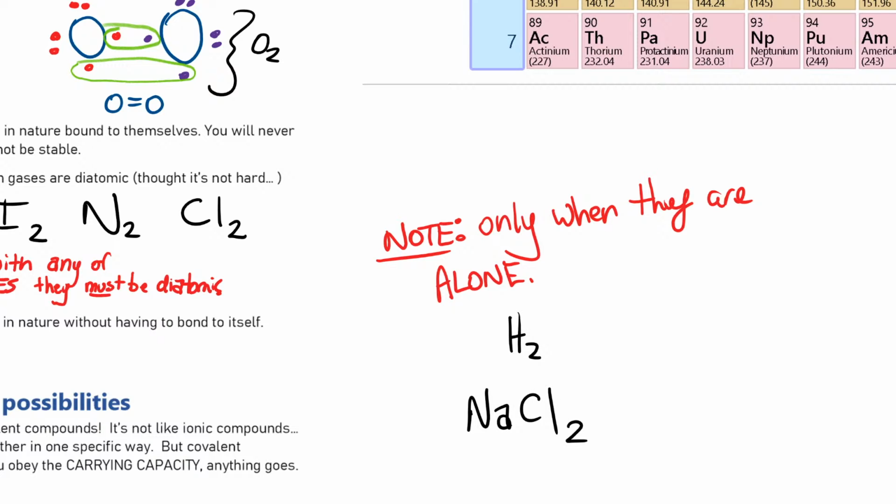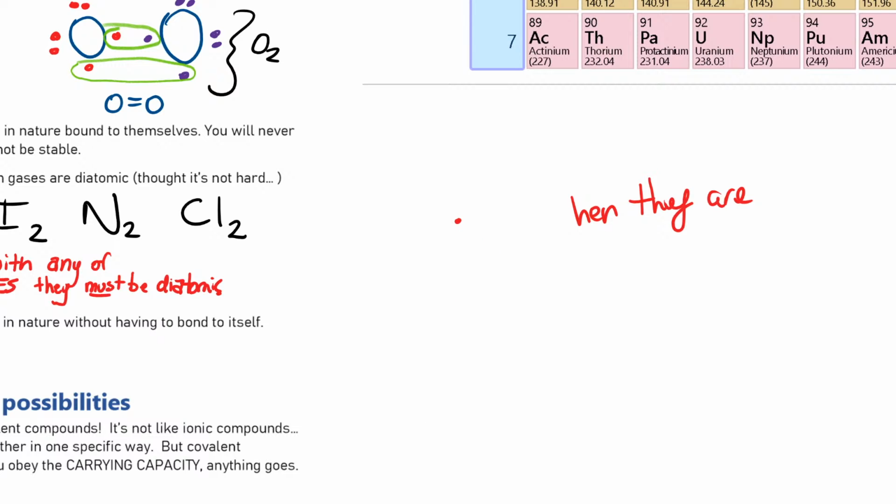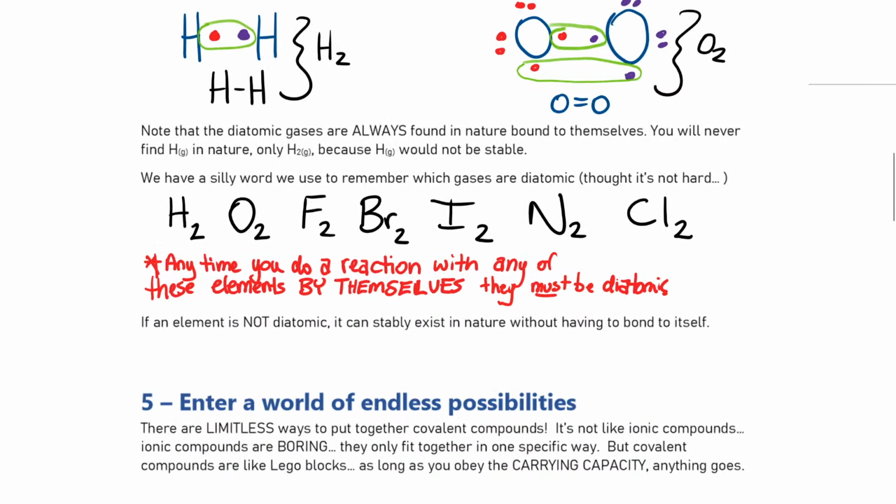You can't be like, well, chlorine's diatomic, so its formula is NaCl2. That wouldn't be charge balanced. Sodium chloride is still sodium chloride. This doesn't make any difference when they're in a compound. It just matters when they're by themselves. All right? And that's going to come up a lot.